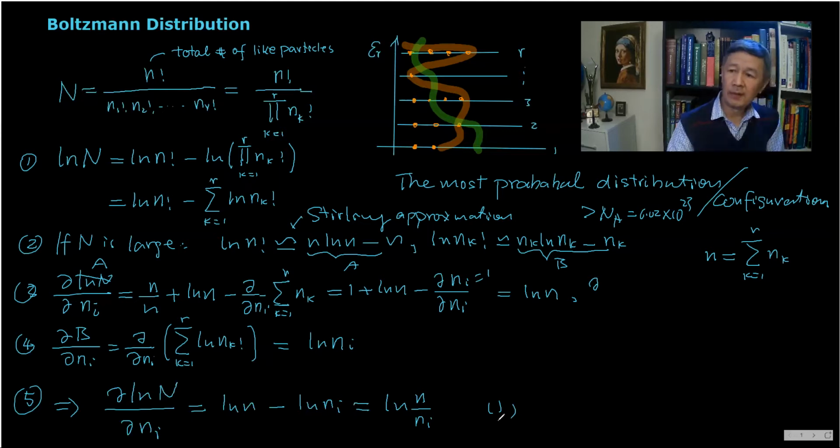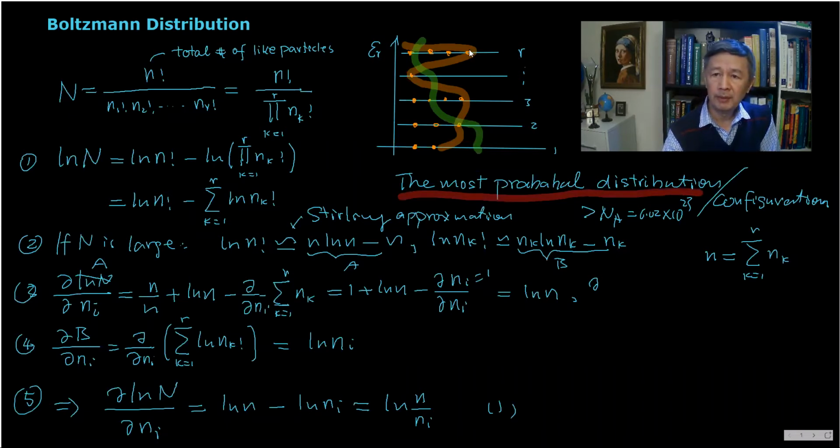Of course, in general, in many cases, we can apply this criterion to find out the most probable distribution. That is our objective, to find the most probable distribution.